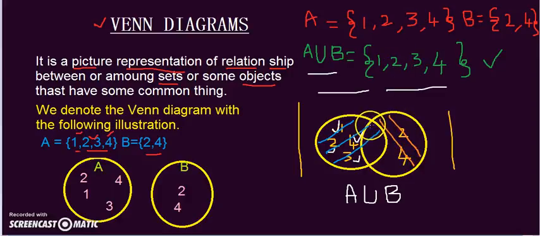So my A union B is nothing but all the blue line and this light orange line. So my A union B is all the elements of A and B, and we represent this with a Venn diagram like this. We have to give shade of all the A and the shade of all the B. So both mixed is our A union B.